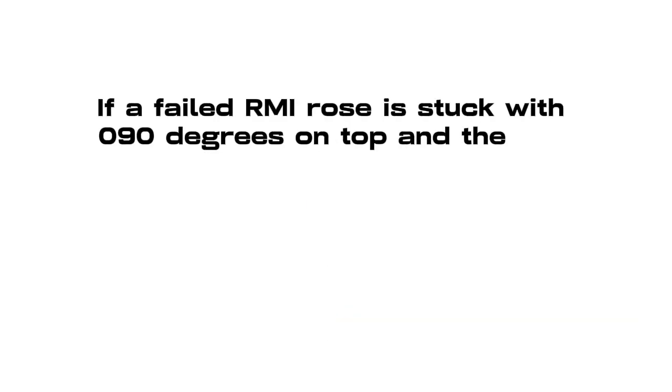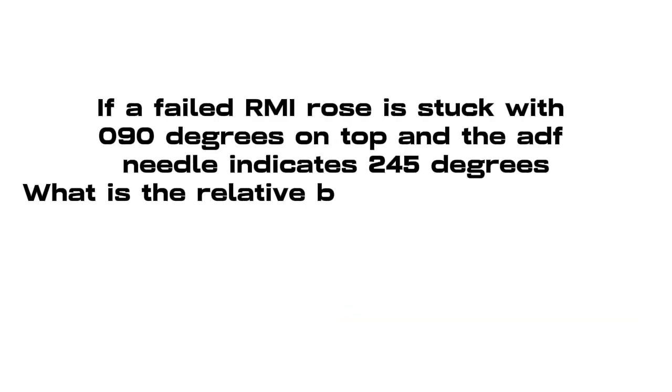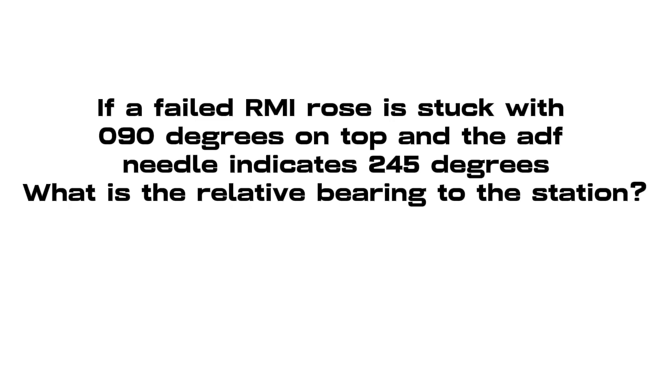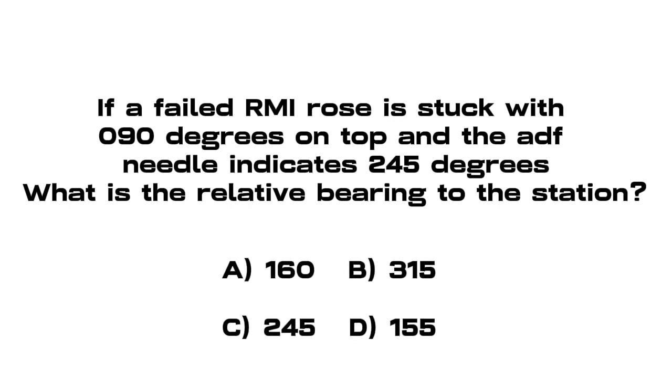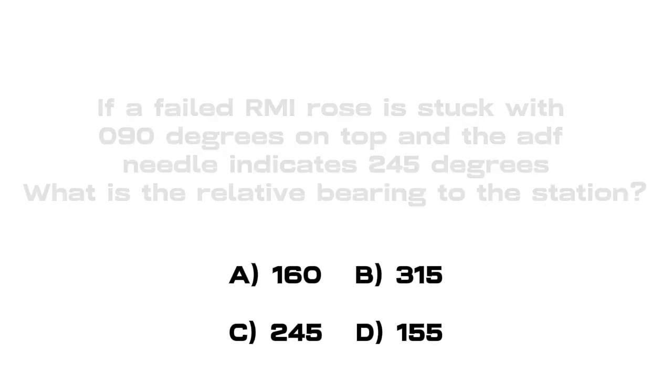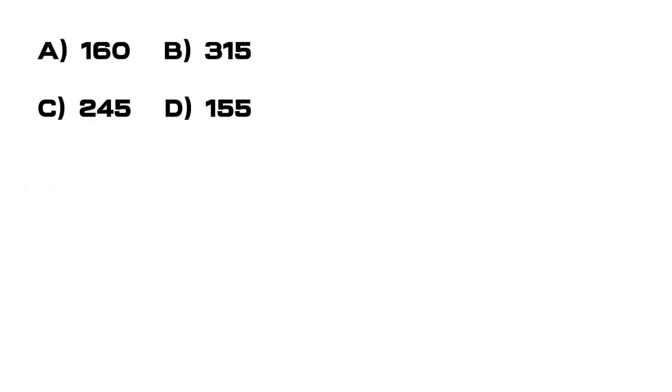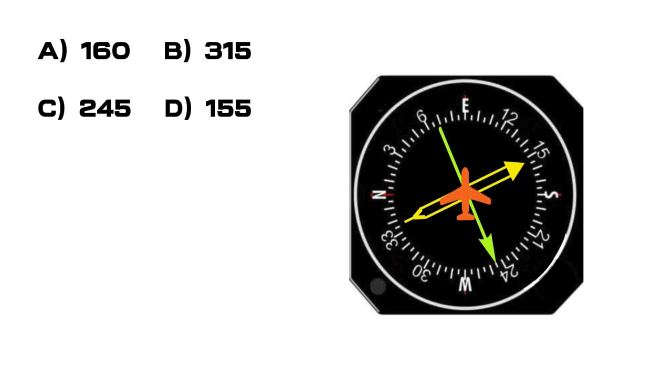This question says that a failed RMI rose is stuck with 090 on top and the needle indicating 245. What is our relative bearing to the station? Since the RMI rose is stuck, this has effectively become a fixed card indicator. In this example, the green arrow is used for ADF, so it's pointing to the NDB.